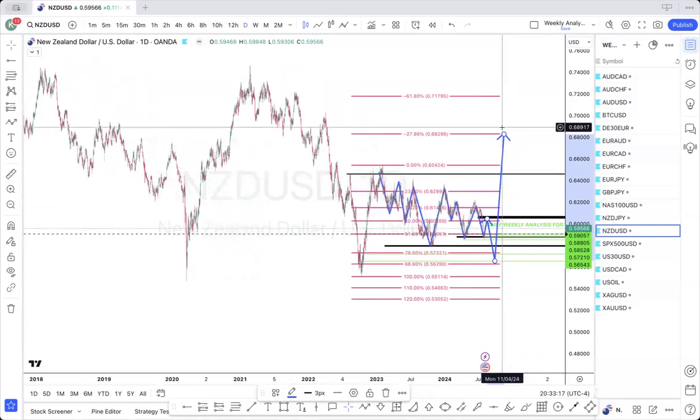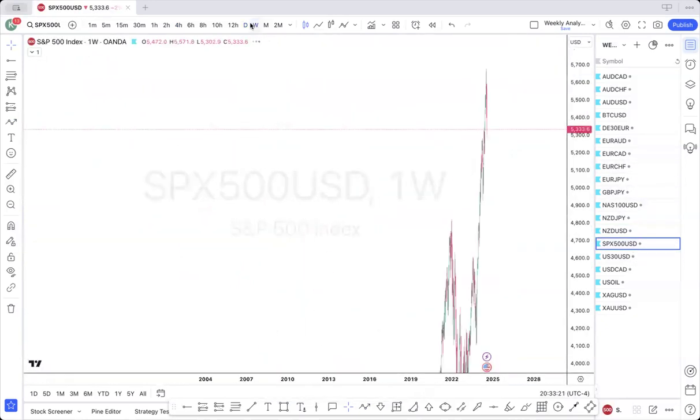Will likely continue buying to the top side.